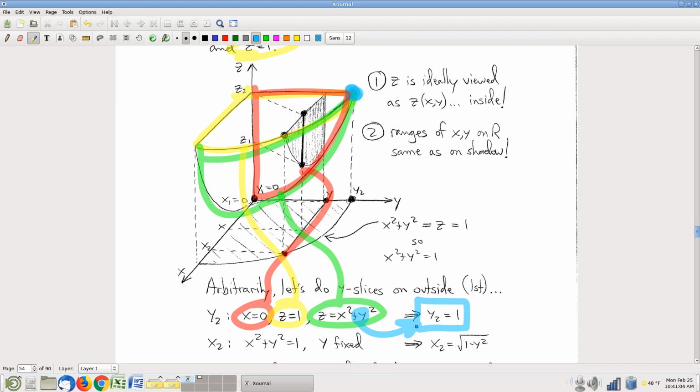It makes your life easier. The second reason, though: don't forget that when you write down your answer to a question of this sort, the goal is not simply to get the right answer at the bottom of the page. You're communicating a thought process: your decision-making of how to slice, which points determine bounds, and which algebra you then do to get those bounds. That thought process comes from the picture.